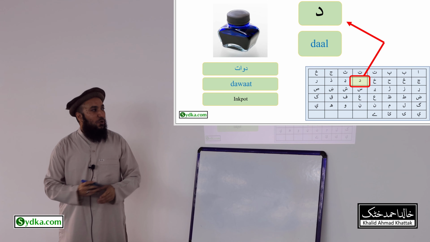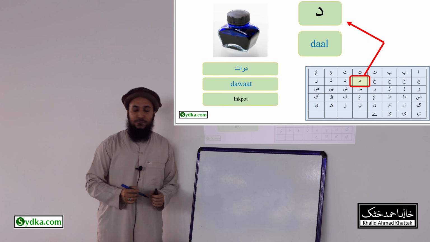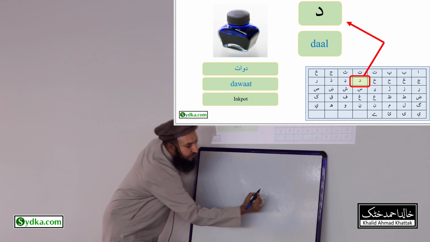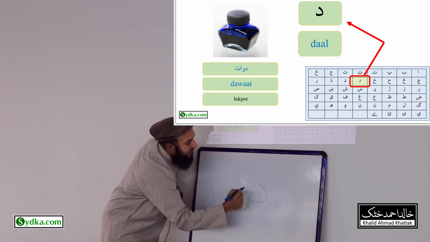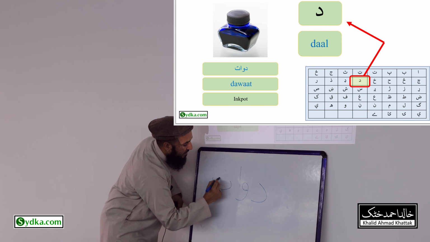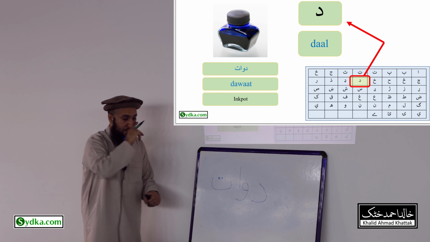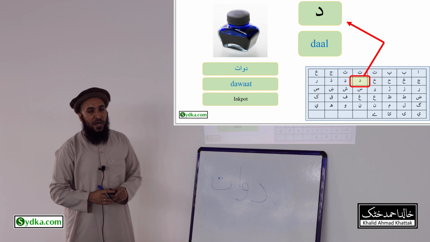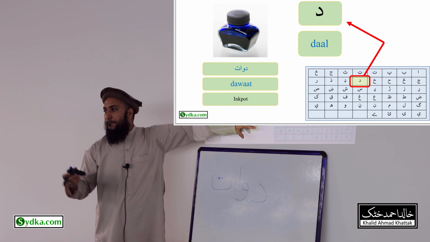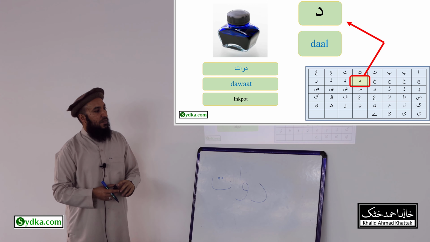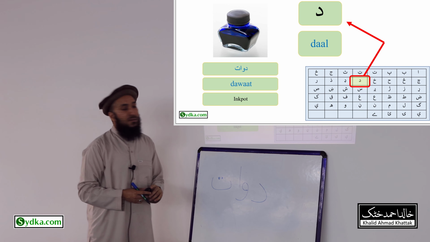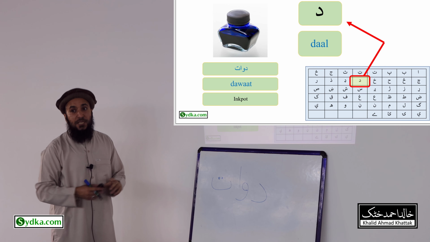In standard we say dawat, and in local we say bashmore. So dal, waw, alif, and te. Dawat. And what is dawat? Inkpot. Good.